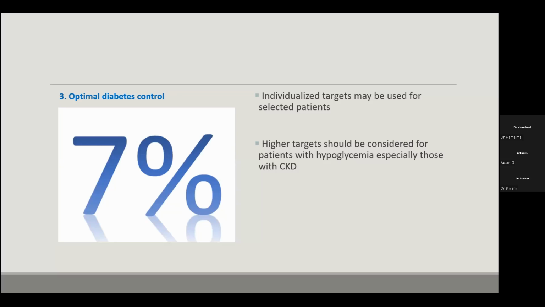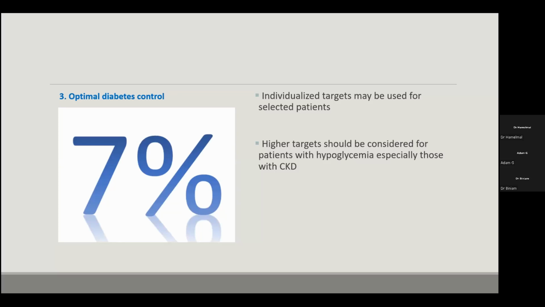You may go for higher targets, like 8%, less than 8% may be used. Patients with hypoglycemia risk, those with advanced CKD, 7 may not be the optimal target, but it's better to put it close to 7 in patients. But you can have individual targets. There are different targets for different patient groups, and see your patient's condition.